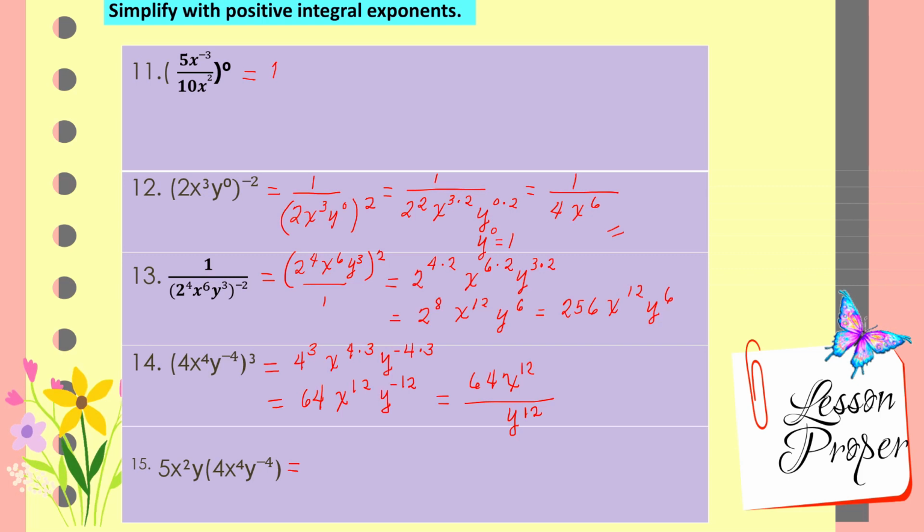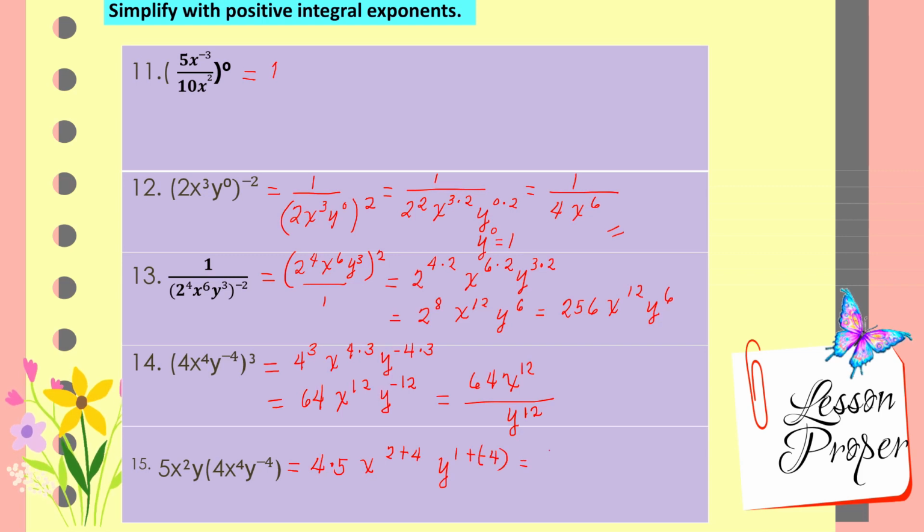We have a monomial times monomial. So, copy lang natin yung numerical coefficient, 4 times 5. And then x, we will have 2 plus 4. And then for the y, we have 1 plus negative 4.